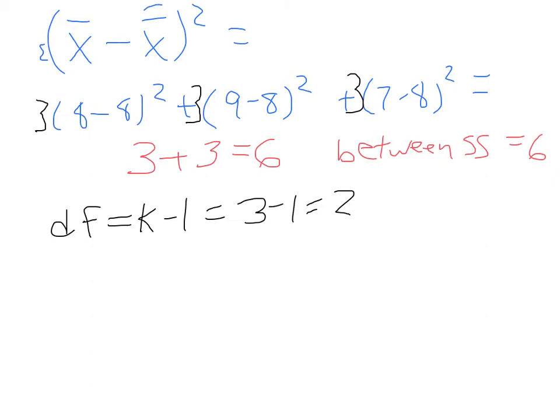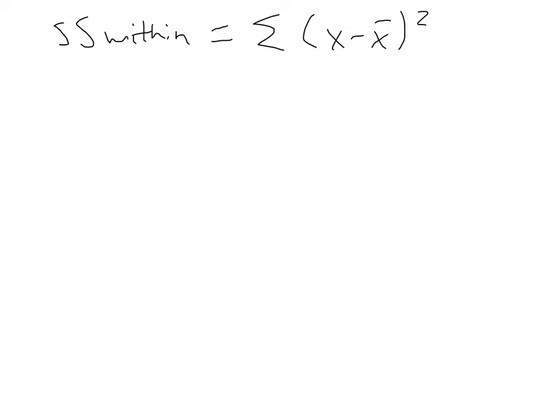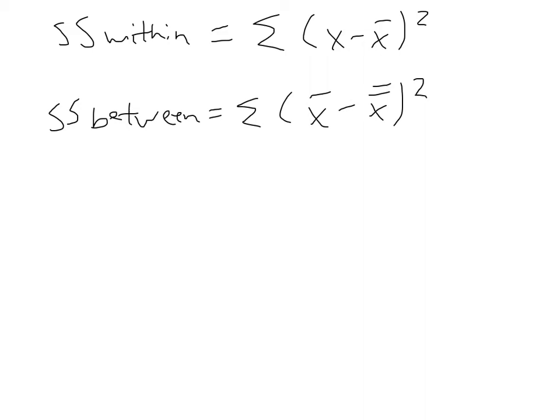All right. So we have the sum of squared between, and we have within. Just remember, sum of squared within took each of the values, x minus x bar squared, right? And the sum of squared between took each of the averages for each value, x bar minus x double bar squared.